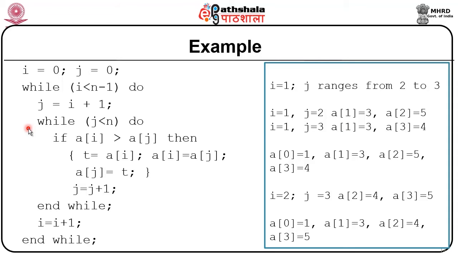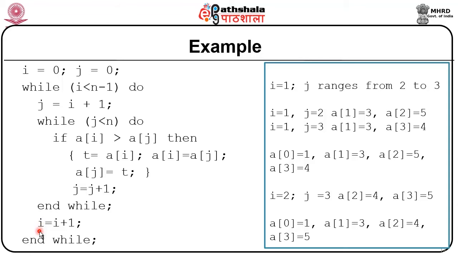A check will be made whether a[1] is greater than a[3]. No, so we do not swap. Similarly, for each element stored in the array, checking will be done, and if necessary the values will be swapped, and finally the program terminates.